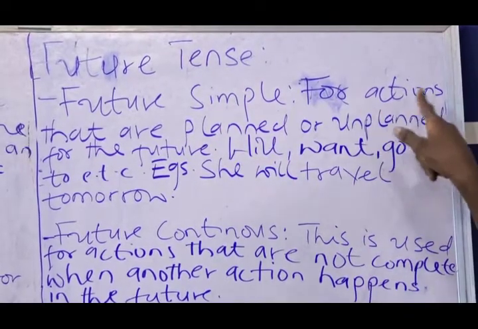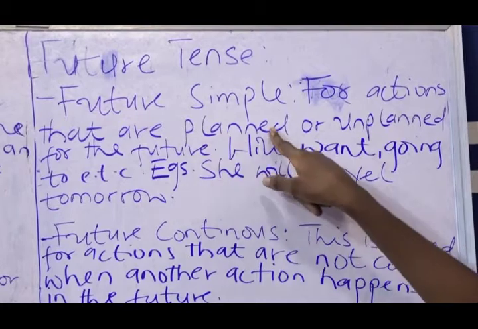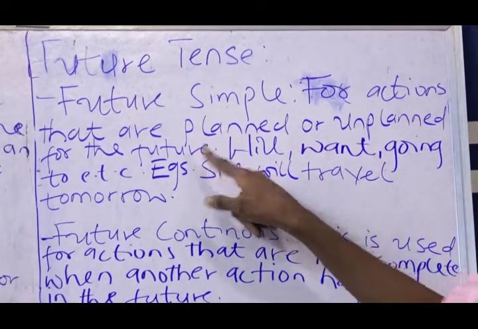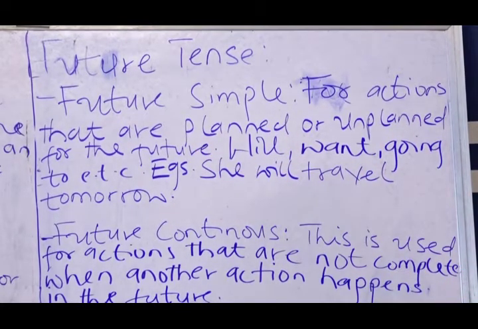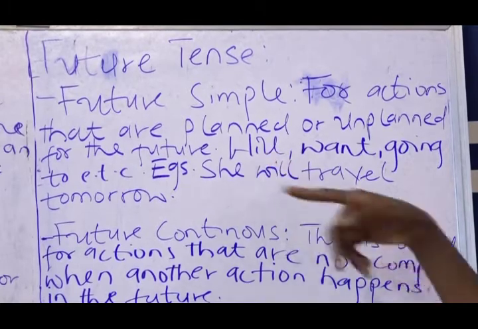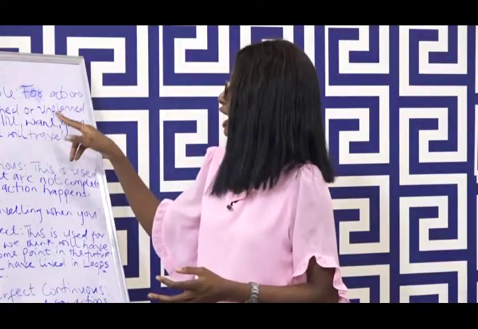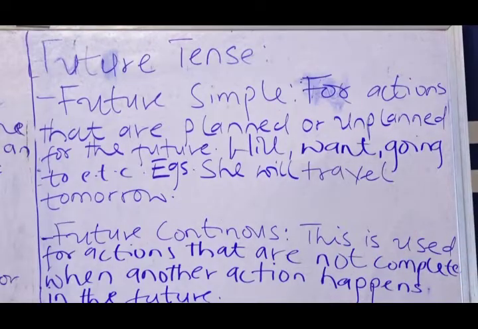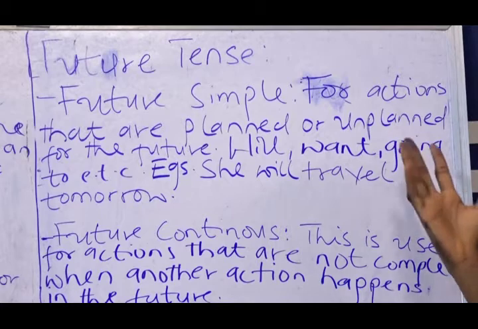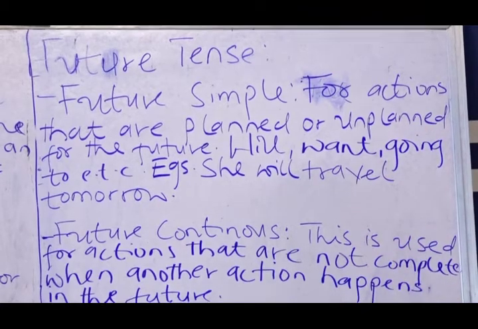This is used for actions that are planned or unplanned for the future. You use words like will, want, going to, or something like not going to for the negative. So this is used for actions that you have planned or you have not planned for the future.